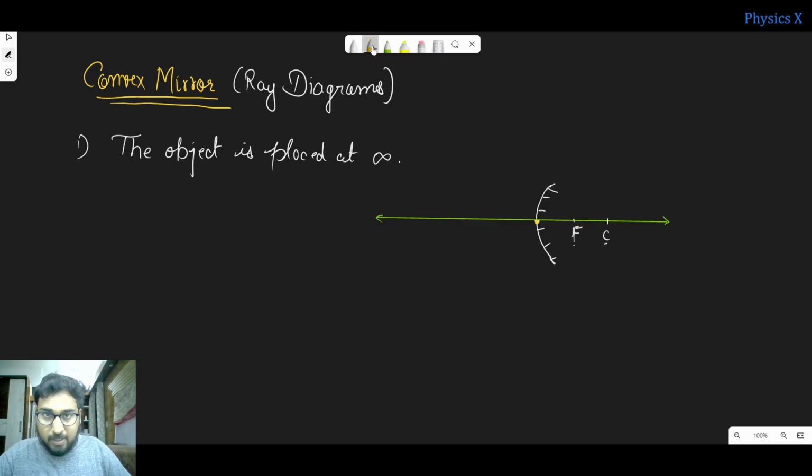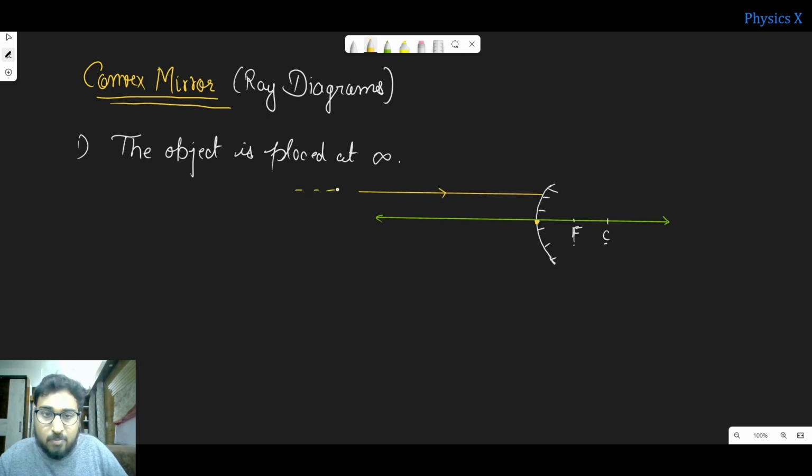So I am saying that the object is placed at infinity. It means that from somewhere in the infinite direction, the rays will be coming. So let us say, suppose some rays are coming from infinity, like this.